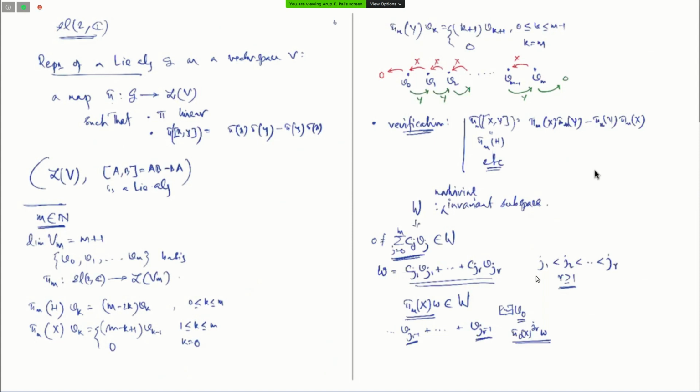So ultimately what you would get is that v0 is in your invariant subspace. Now we apply pi m y. Then what you get is v0 to vm all belong to that. And that means that W is equal to, in fact, Vm. So in fact this is an irreducible representation.